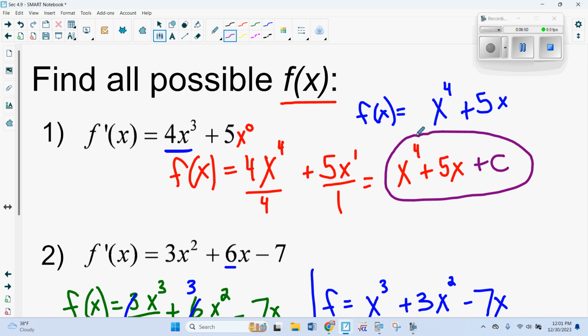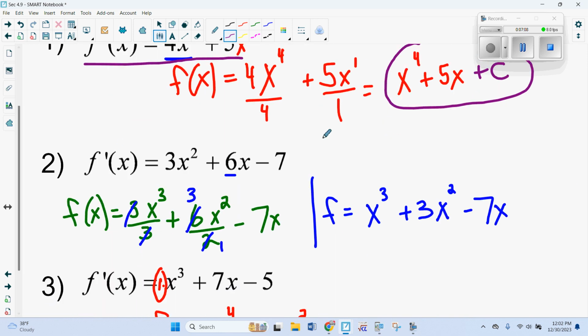We have to add that plus c because any value you put there, 1, 7, -10, it would still have the same derivative. So anytime we're finding all possible functions, finding these antiderivatives, we need to include on all of these plus c. Okay.